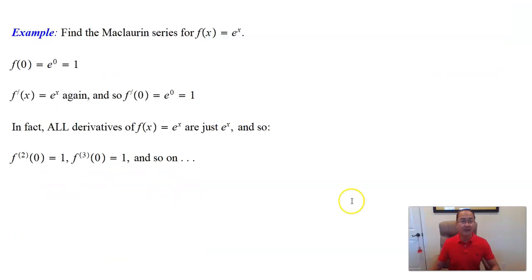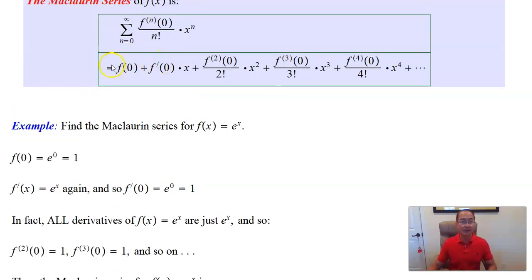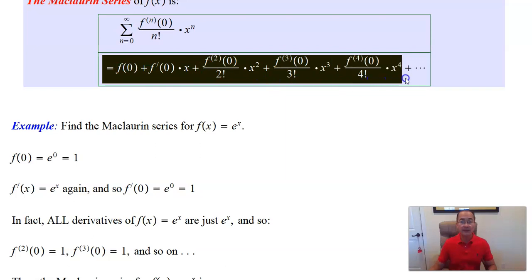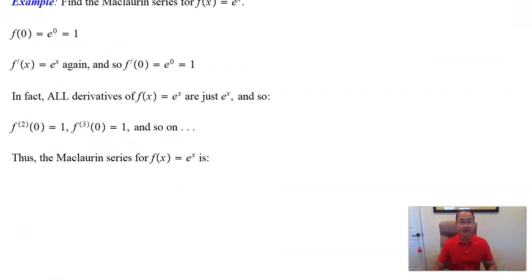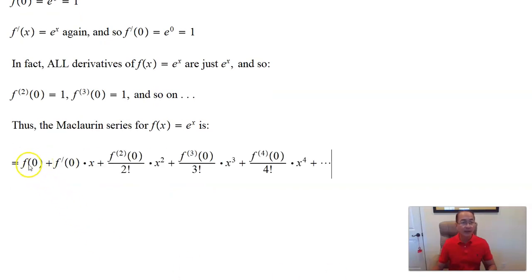Okay, and so the Maclaurin series for f of x equals e to the x is, let's copy our template over here. We want this, so we will copy that, and we will fill in the numerators with 1s. That's equal to 1.